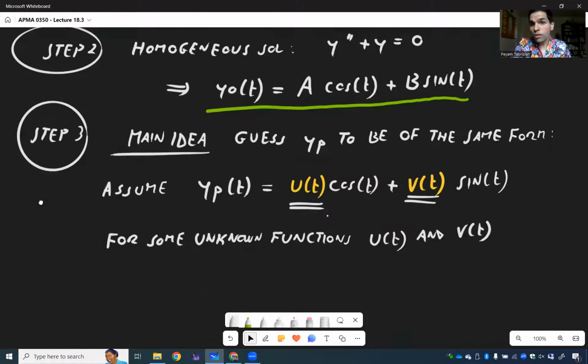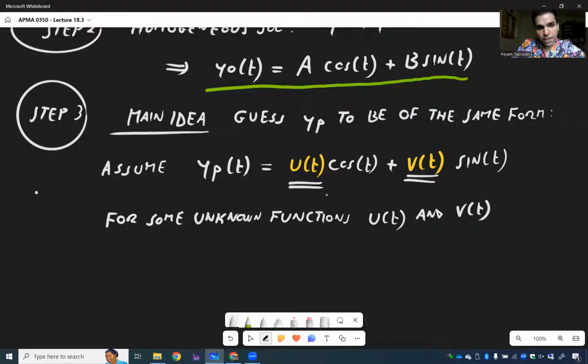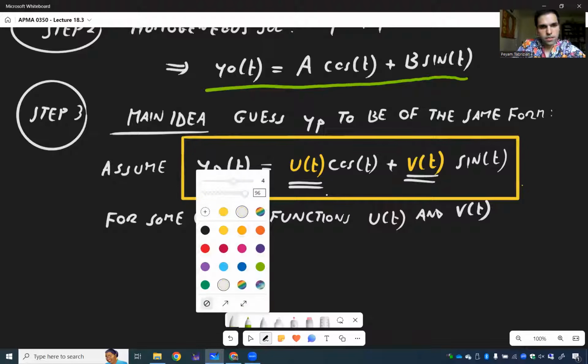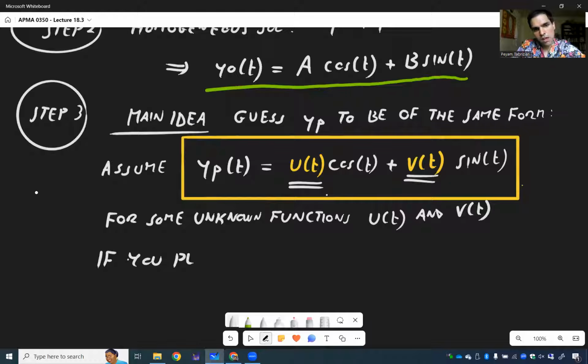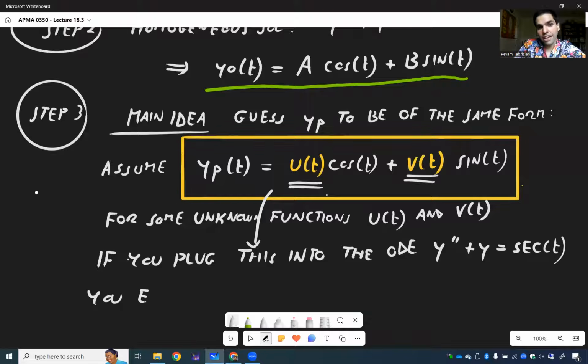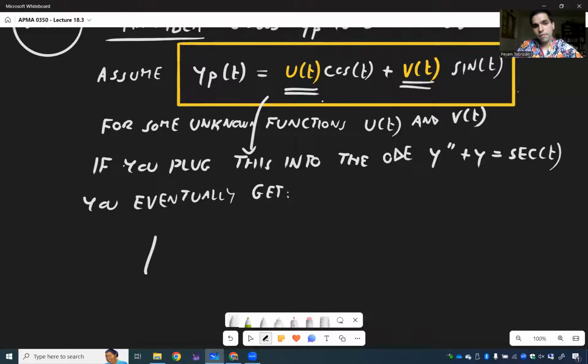Now, I will derive this in another video, but if you plug in this ansatz into the ODE, y double prime plus y equals secant t, and you do one little simplification, you eventually get that u and v solve the following system.